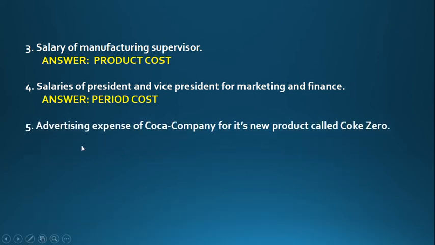And the last number will be advertising expense of Coca-Cola for its new product called Coke Zero. So, new product. What will be the answer? Ito ay period cost. Pareho rin ito sa number 4. Ito rin ay isang selling expense, kahit na ito ay advertising expense for the new product. Hindi ito ma-classify as product cost.